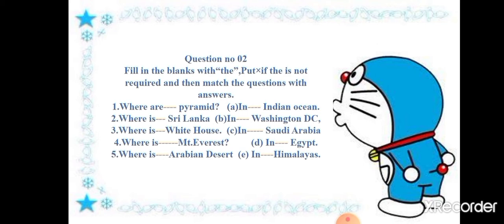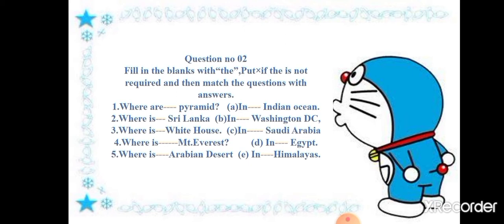There are some other mountains of its shape, but Egypt is the only place where pyramids are present, and a pyramid is only one of its kind. So that's why here we will be putting "the", and we will be matching it with part D, like where are the pyramids? In, now here, look at part D. We will be putting a cross before Egypt because that is the name of a country, but there is no "united" or "union".